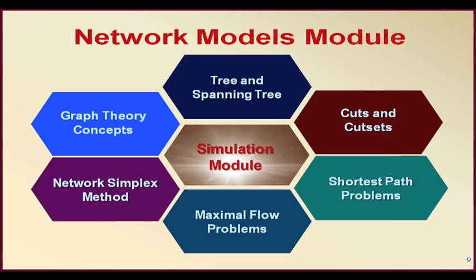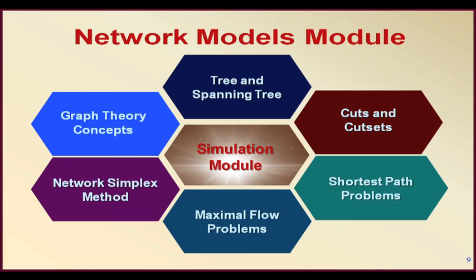After simulation, our last topic will be the network models. There are lots and lots of combinatorial problems, specifically the network flow problems, the kind of flow that would take place in a given scenario, let us say on a road network or a transport network or a communication network. The different questions that come in are what should be my maximal flow, or sometimes what will be the shortest path from one point to the other.